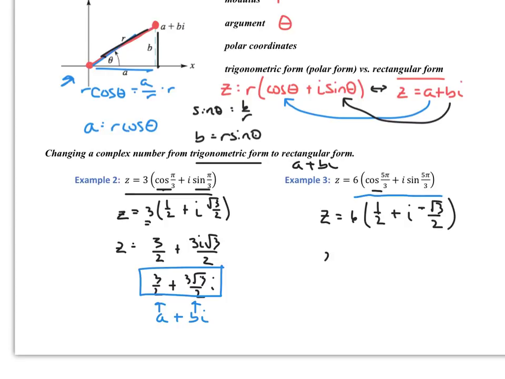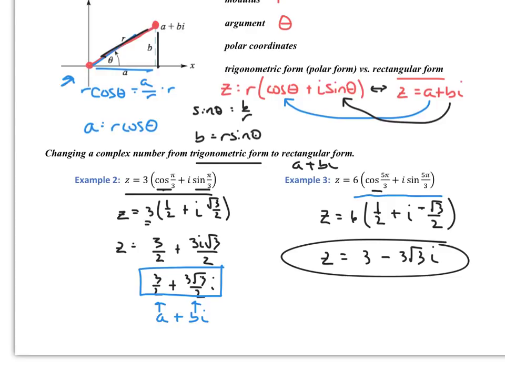Distribute the 6. z is equal to 3, and then it looks like minus 3 root 3i. And now I've got it written in rectangular form. Again, a would be 3, b would be negative 3 root 3. All right, next page.